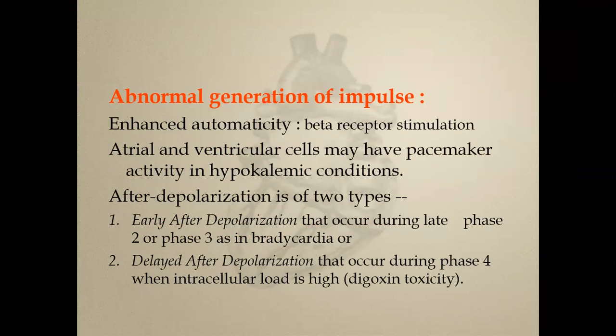Abnormal generation of impulse includes enhanced automaticity by beta receptor stimulation, and atrial and ventricular cells may have pacemaker activity in hypokalemic conditions. After depolarization may be of 2 types: early after depolarization and delayed after depolarization.